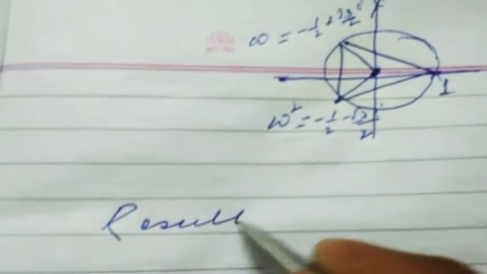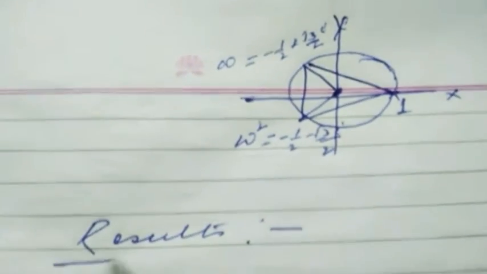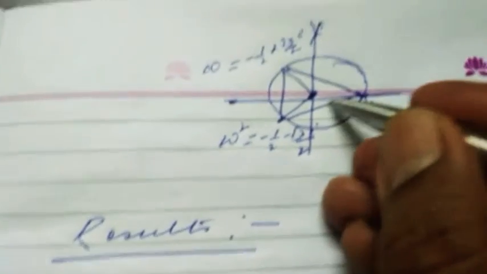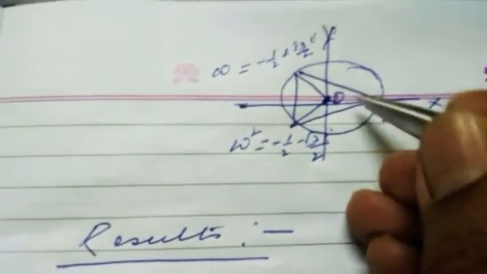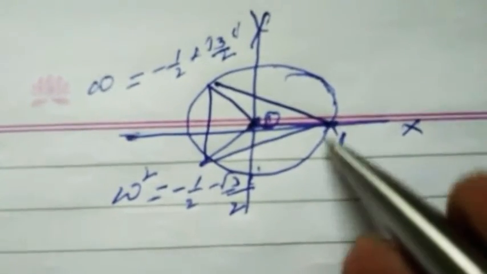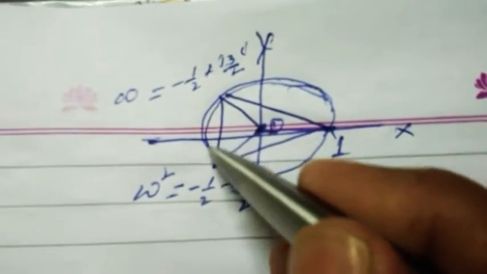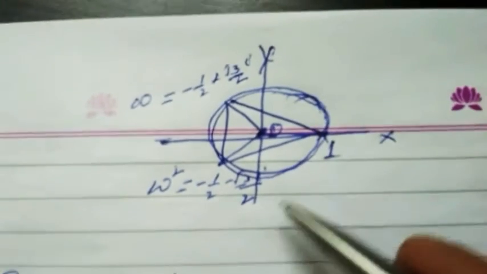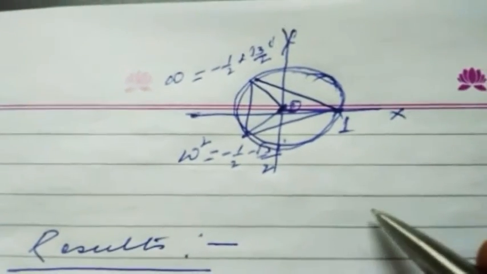Now how can we go with the results? Just see it. Suppose we take the origin to here, this is 1 unit length. So we can say that the first result is that the cube roots of unity will lie on the unit circle.